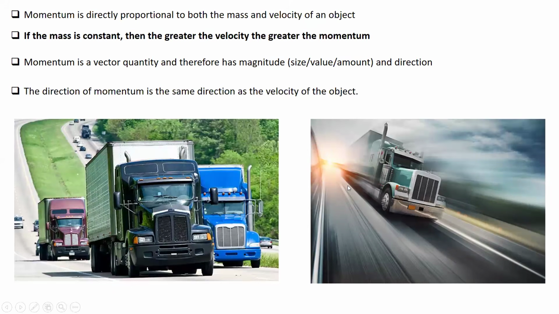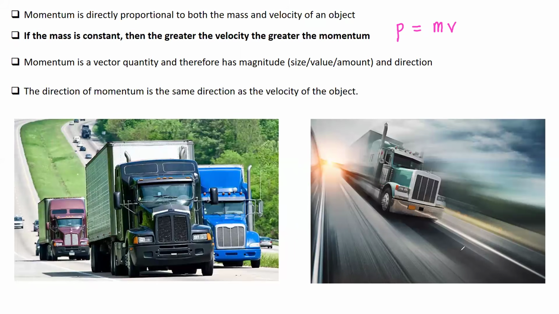Now, further on, since the formula says momentum, which is P, is equal to the mass of an object and its velocity, by extension, it would mean, therefore, that momentum is directly proportional to the mass of an object and its velocity.